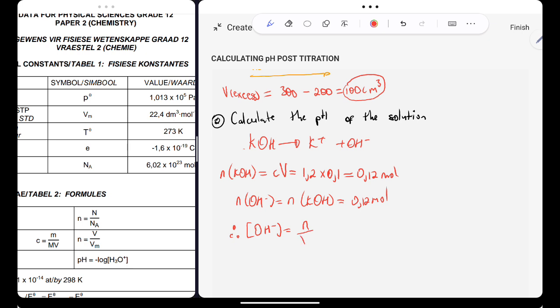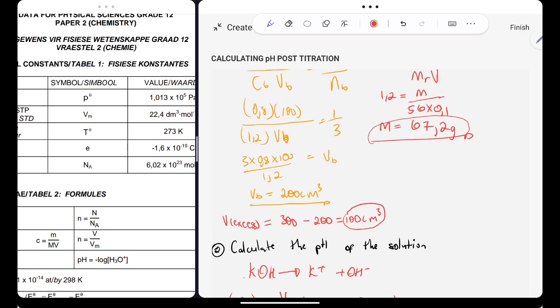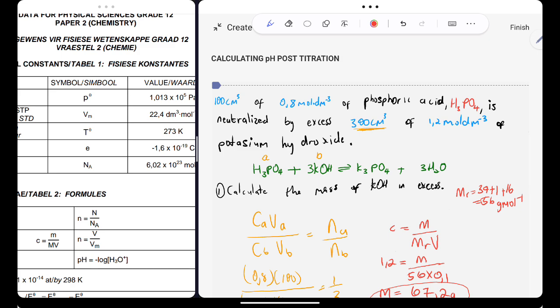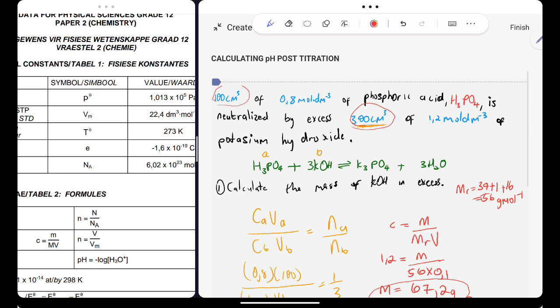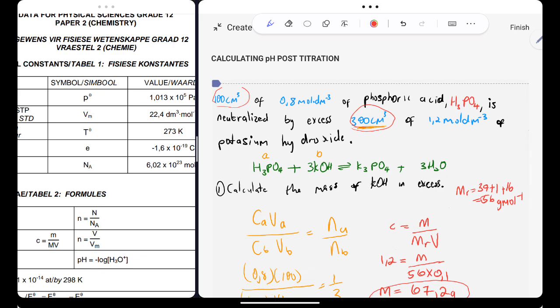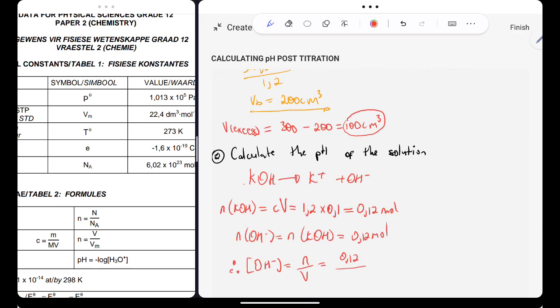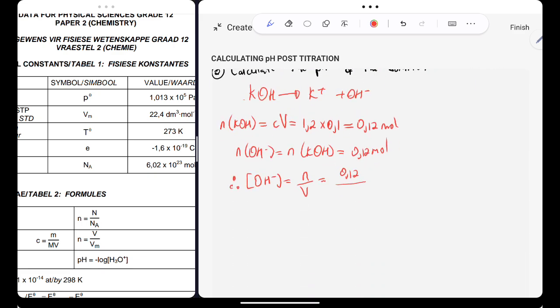The concentration is always number of moles all over volume, right? The number of moles is 0.12. Now for the volume, remember that, guys, I have mixed both the 300 cubic centimeter and the 100 cubic centimeter. So for my final volume, it will be 300 plus 100, which will be 400 cubic centimeters, and this will be just 0.4.